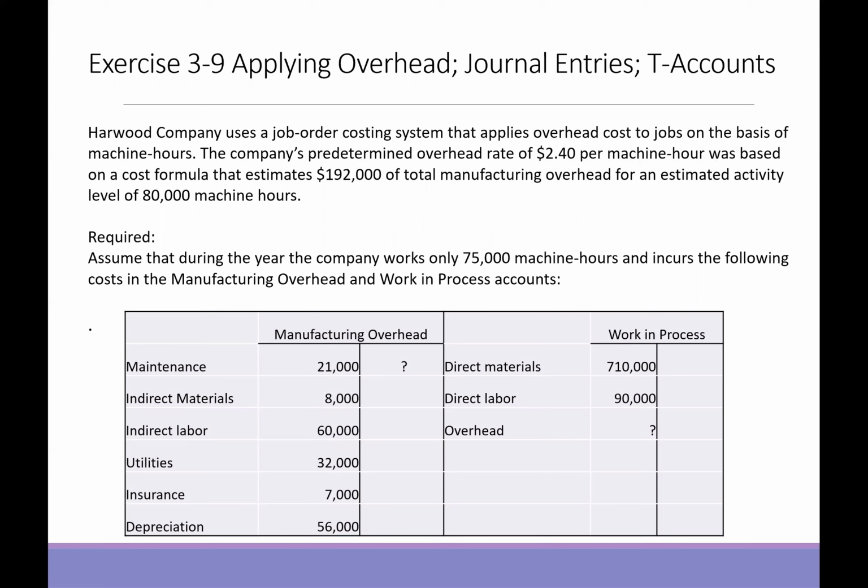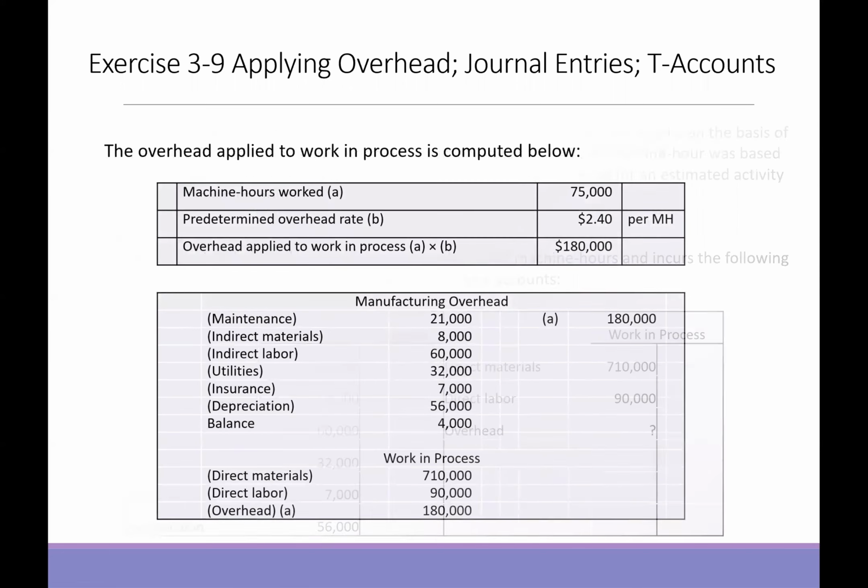So it gives us the manufacturing overhead, maintenance, direct materials, indirect labor, utilities, insurance, and depreciation. We would have applied $2.40 per hour times 75,000 hours, which is 180,000. Okay, that's what got applied.